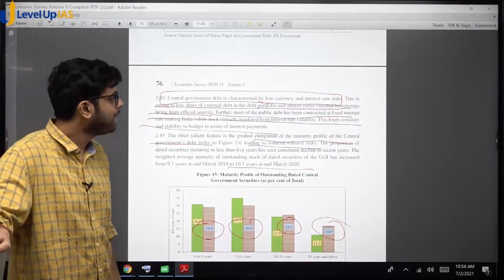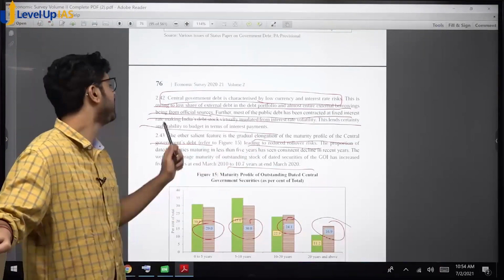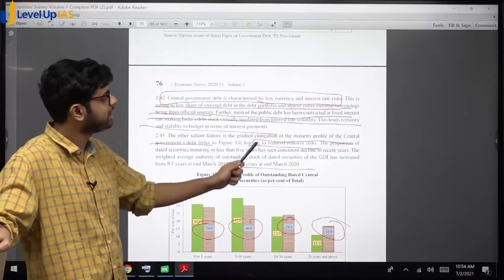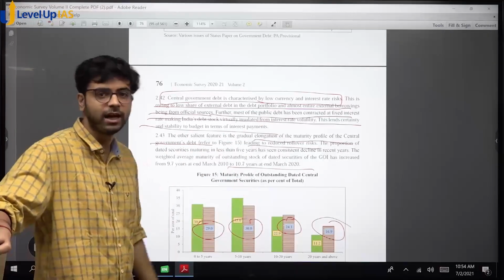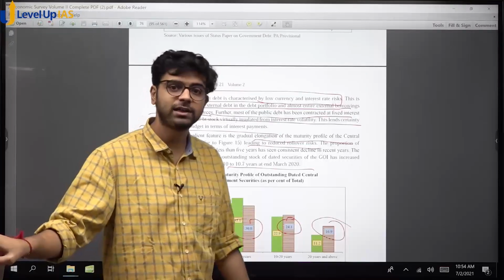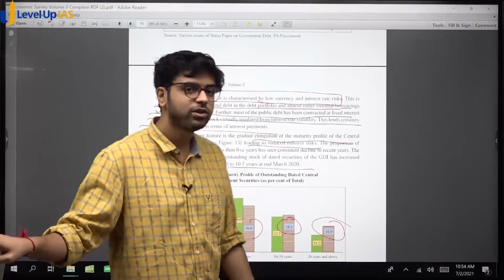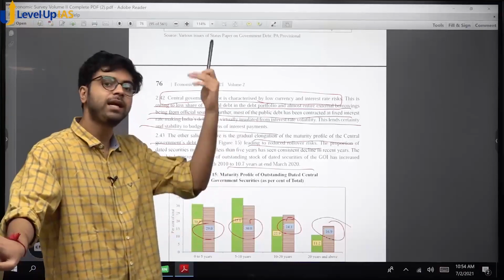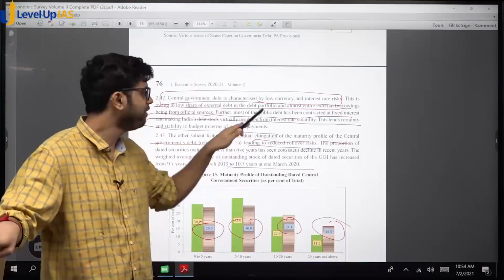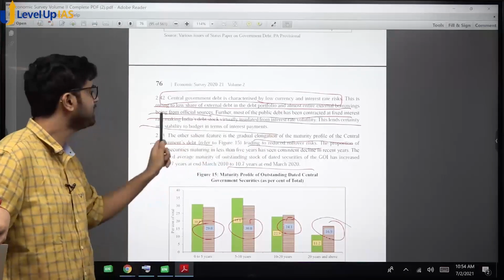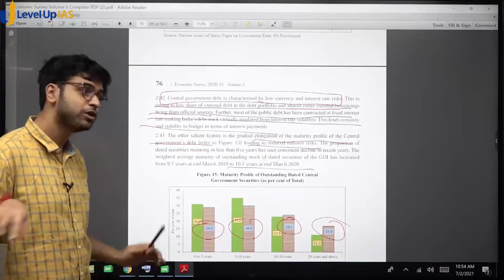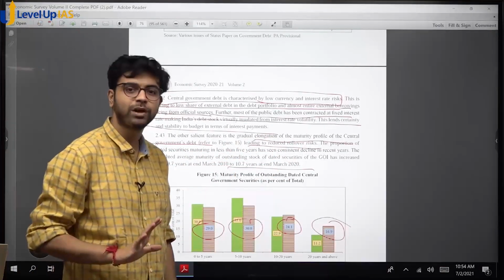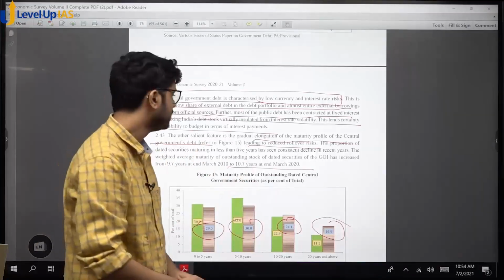Further, most of the public debt has been contracted at fixed interest rate, making India's debt stock virtually insulated from interest rate volatility. I taught you fixed and floating interest rate. Floating interest rate carries a risk. So they are saying that most of the debt is fixed interest rate, which means globally interest rate might go up, go down, we don't care. We are fixed. This lends certainty and stability to the budget, yes or no? Because we know how much we have to pay in revenue expenditure in terms of interest. Okay?